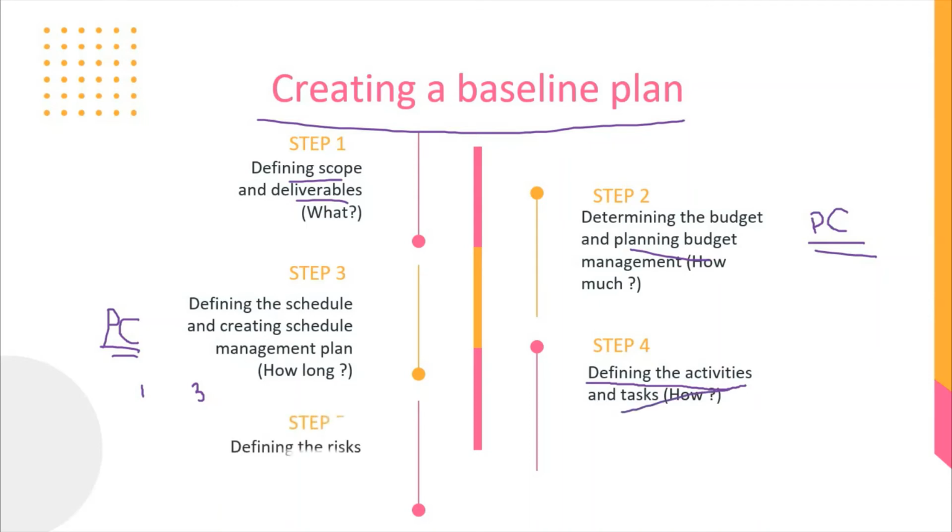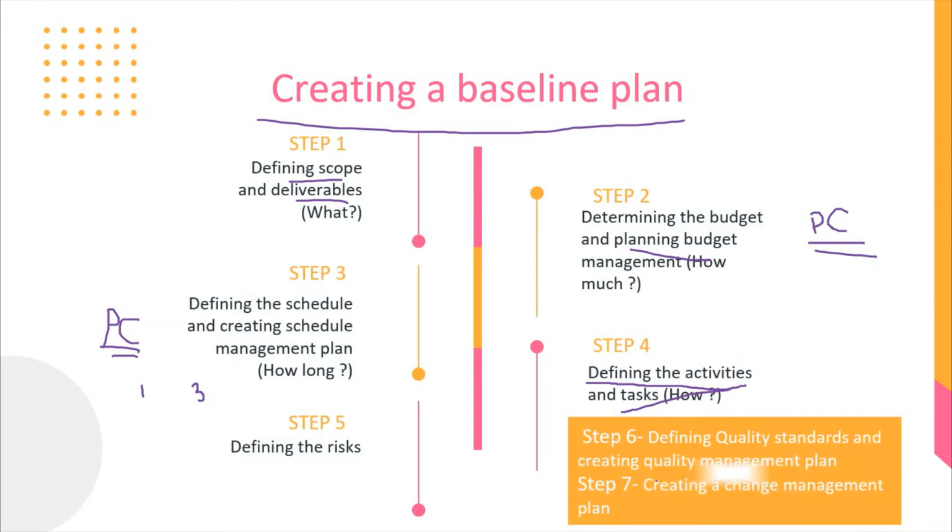The last one is defining the risks. Once we define the risk of the project, we can also come up with a risk management plan. So I have mentioned here two additional steps, which is defining quality standards. Because these days, the quality standards or the quality management is also a very important thing, and we cannot just do inspection at the end of the project, right?